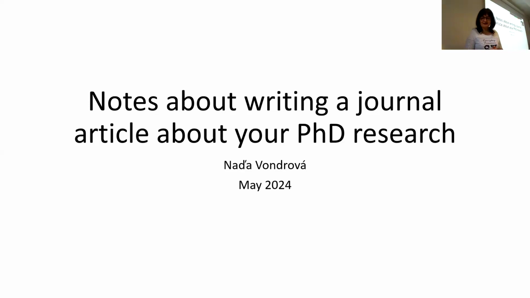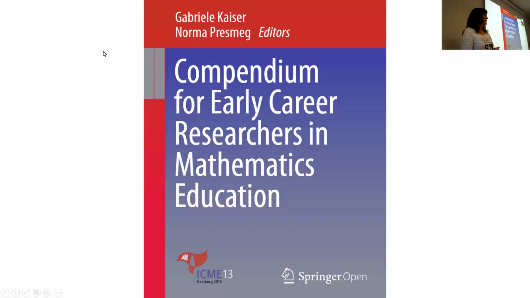And of course, they are new people, so they think it's new mistakes, but for me, it's old mistakes. I thought that I would make my own presentation about individual parts of a journal article. But then I realized that all of you should know one work, and that is this: the Compendium for Early Career Researchers, mainly for PhD students.